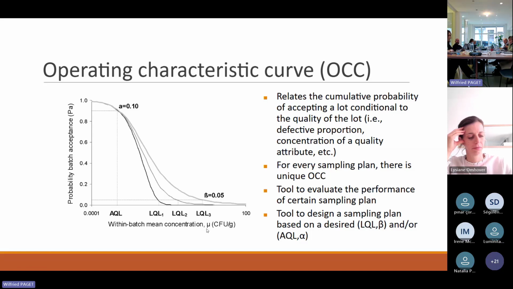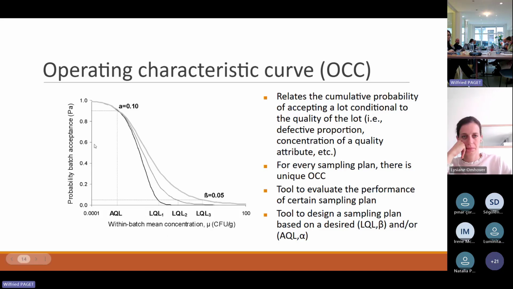So the quality level could be the prevalence, if we want to move this in terms of microbiological quality. Quality of the lot can be expressed as the prevalence of a certain microorganism, or can be expressed as the mean concentration of a certain microorganism in a lot.